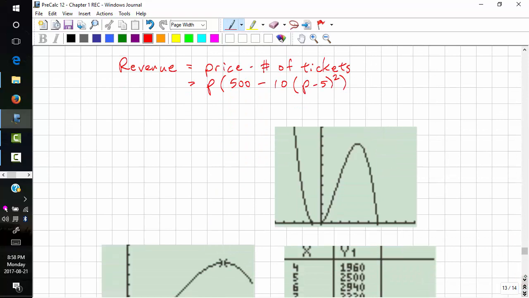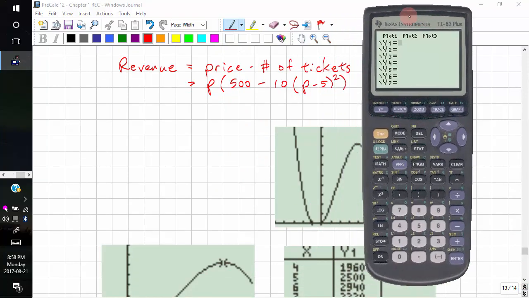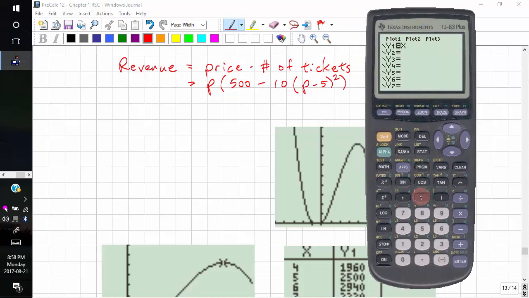So we need to graph this. So we have x, 500 minus 10, x minus 5 squared. And we need one more bracket. And we need to set the window.